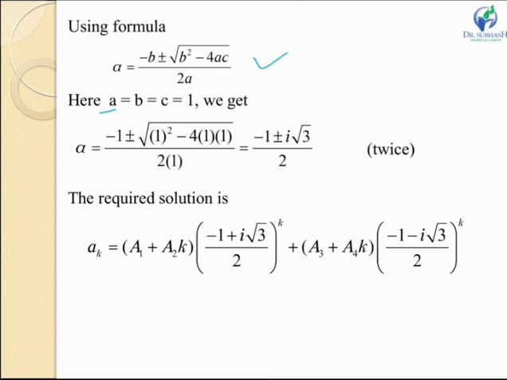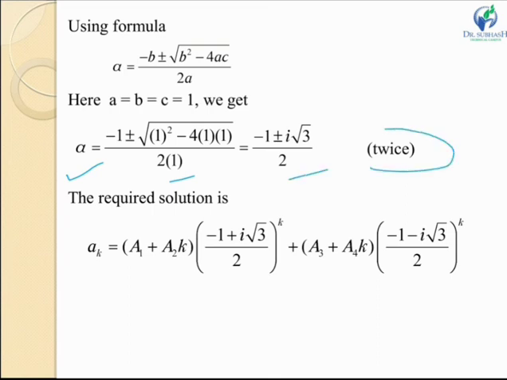Coefficient of alpha is 1 and the constant is 1, so b and c will be equal to 1. Now I will put these values in this equation. So I get minus 1 plus or minus under root of 1 square minus 4 into 1 into 1, upon 2. Now this can be written as minus 1 plus or minus root 3i by 2.